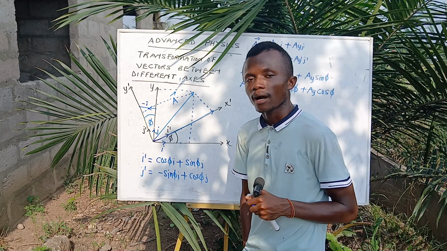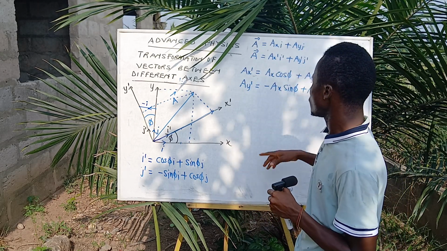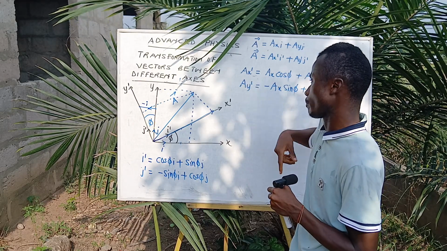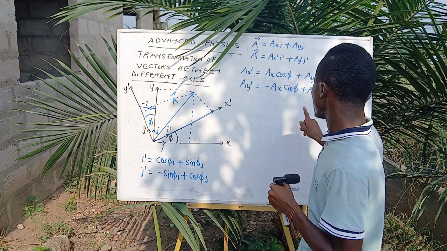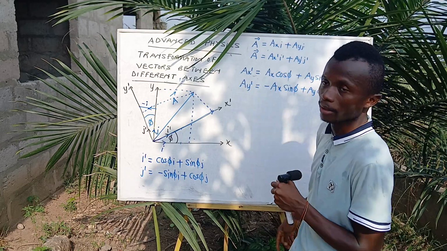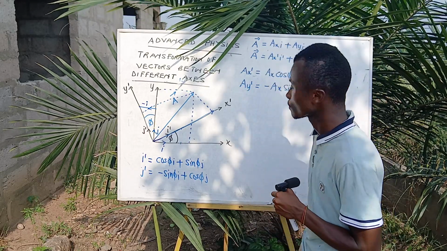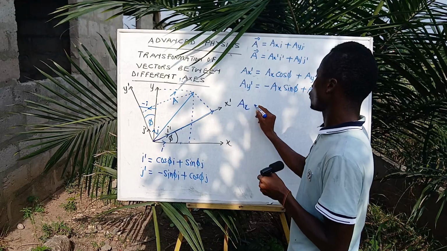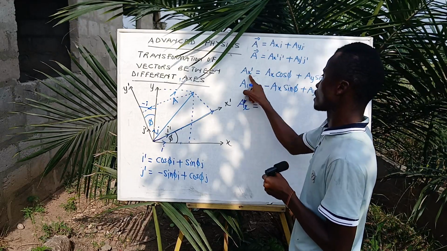Now the next thing is, how do you get ax if you are rather given ax prime and ay prime? How do you also get ay when you are given ax prime and ay prime?